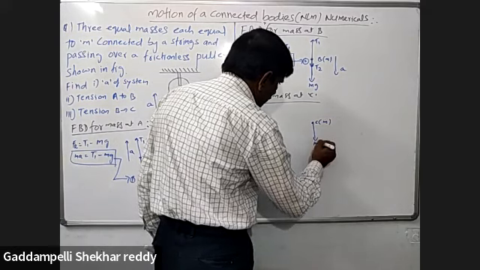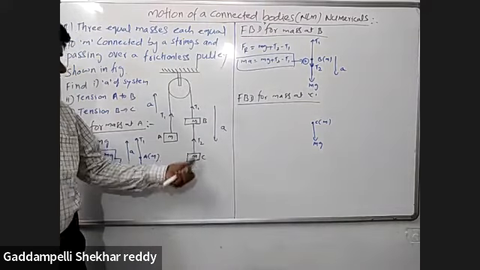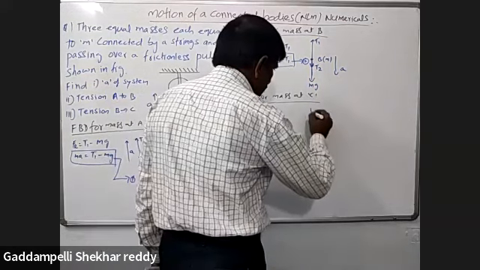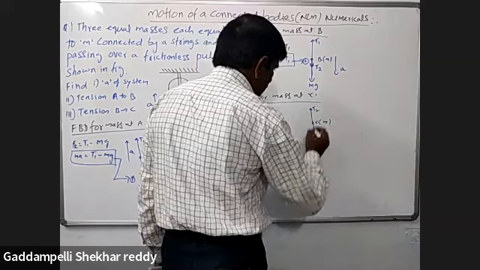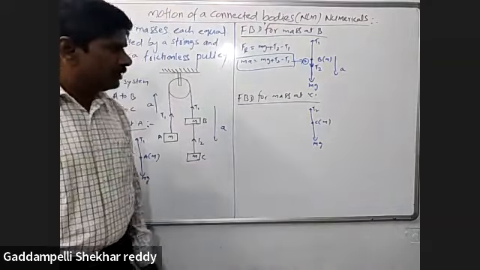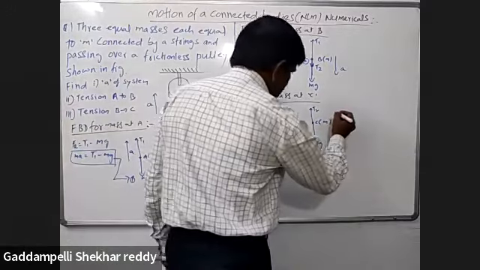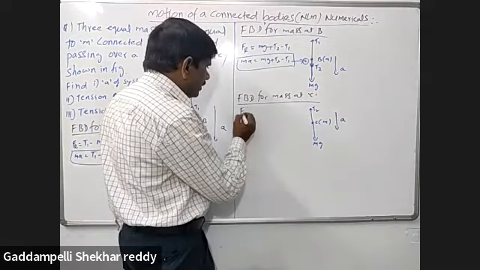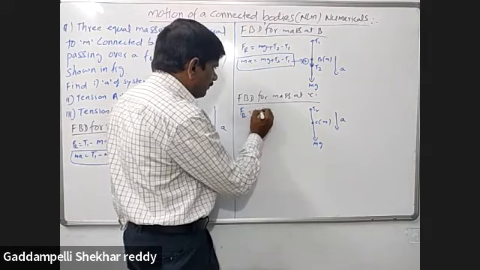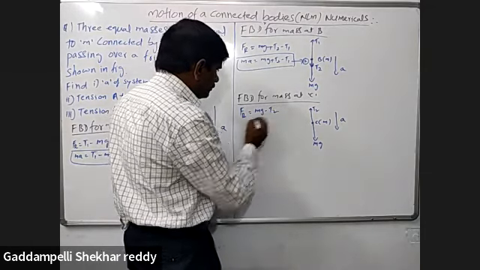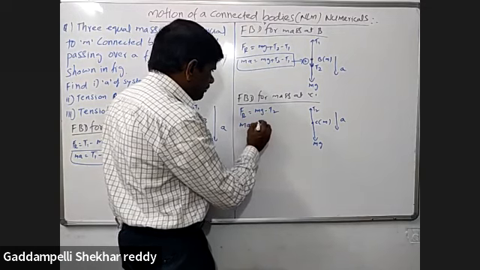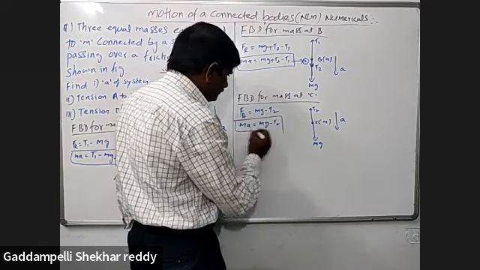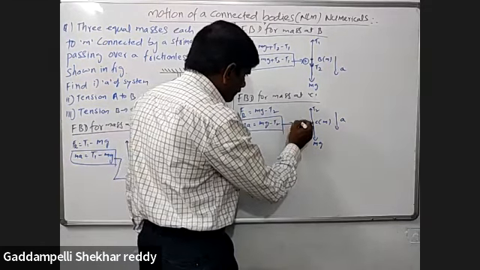Here, tension T2 acts upward, and the gravitational force acts vertically downward. The acceleration of the system is downward, so the resultant force is along the acceleration: mg minus T2 equals ma. Let it be equation 3.